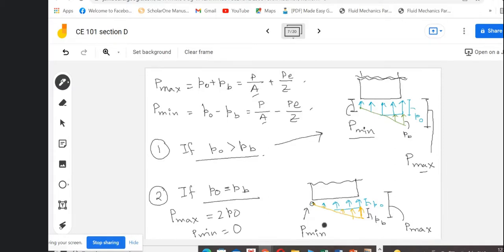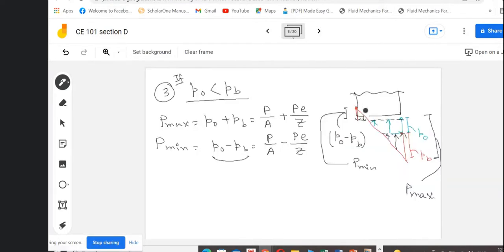And here, although one extremity is starting from 0, still none of the zone is going in the tensile part. So everything remains in the compressive zone. Here, some part is going in the tensile zone and some part remains in the compressive zone.